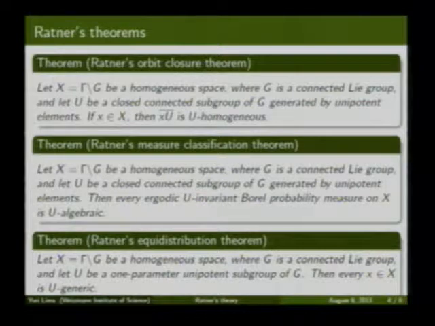And there is also a third statement: I remind you that in order to talk about equidistribution, you need to have the action of an amenable group. So let's consider, for example, a one-parameter unipotent subgroup of G. The third theorem of Ratner says that every point is U generic. Okay? So you have these three rigidity results about U actions.